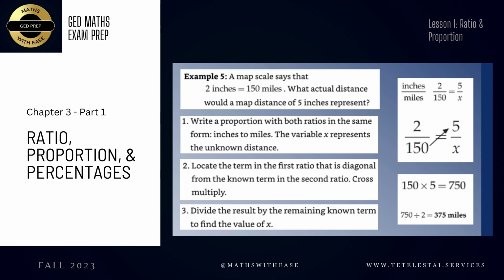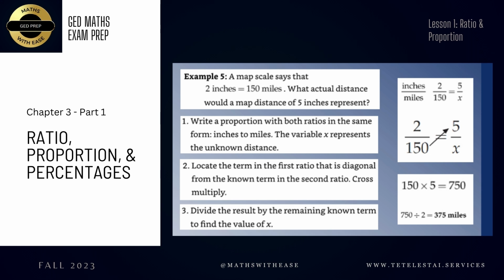Okay, so again, all we did was write down the information in terms of two ratios. The first ratio contains the information that we have from the problem, in terms of the number of inches that equate to a certain number of miles. In this case, it's 2 inches to 150 miles.